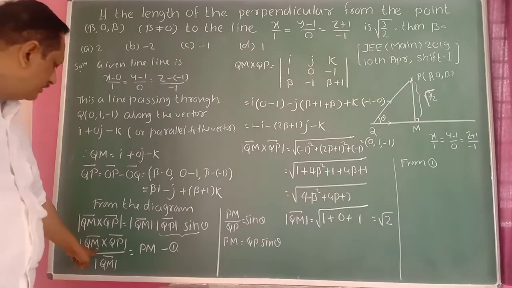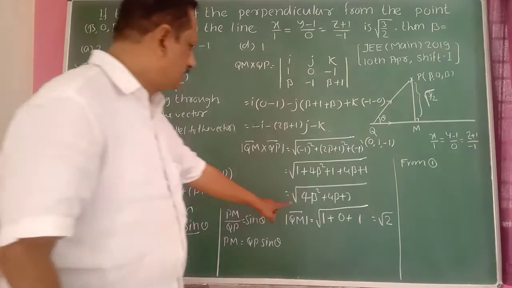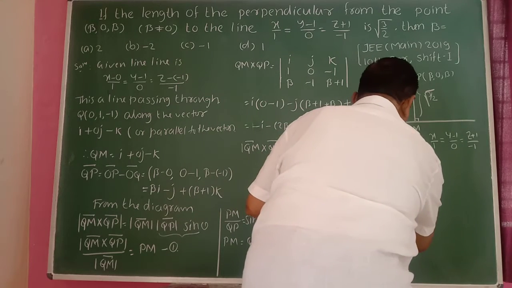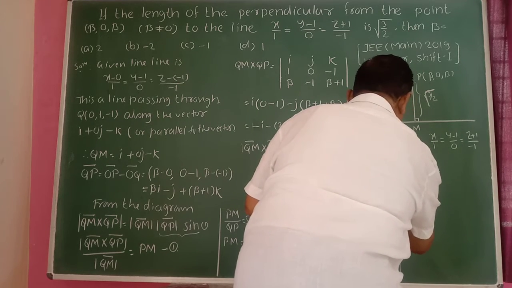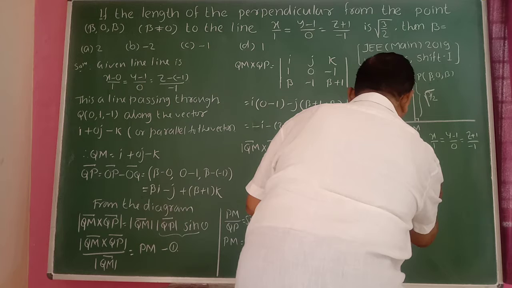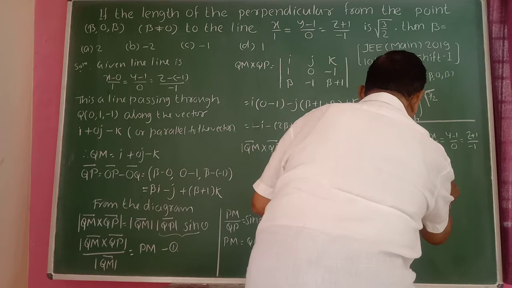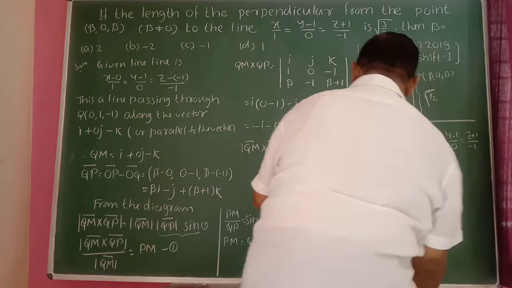Modulus of QM cross QP is root of 4 beta square plus 4 beta plus 3 divided by QM.